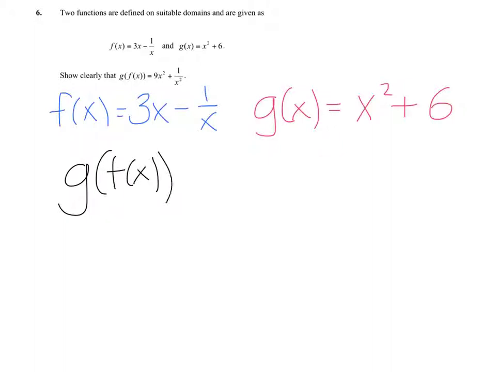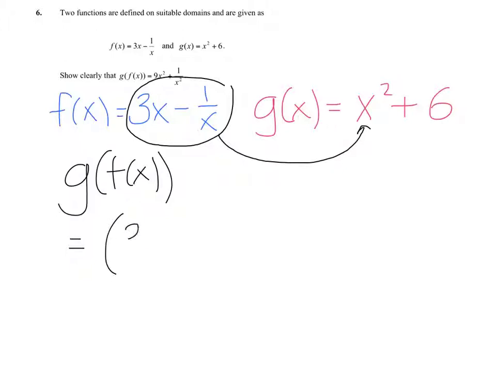So that's the f of x function being substituted into the g of x function. So that's this one here being substituted in where we see the x on the g of x function. So a composite function will therefore be equal to not x squared but (3x minus 1 over x) squared. Then we have our plus 6.